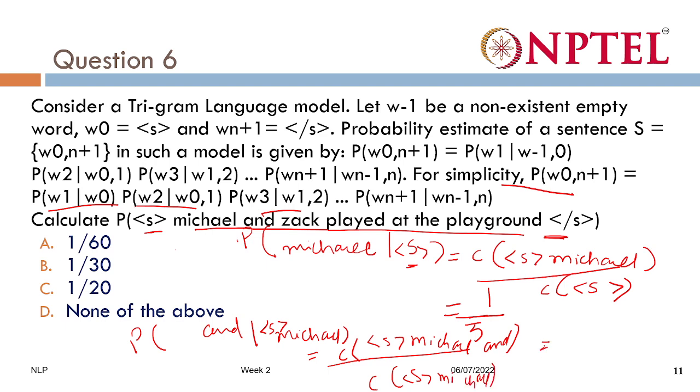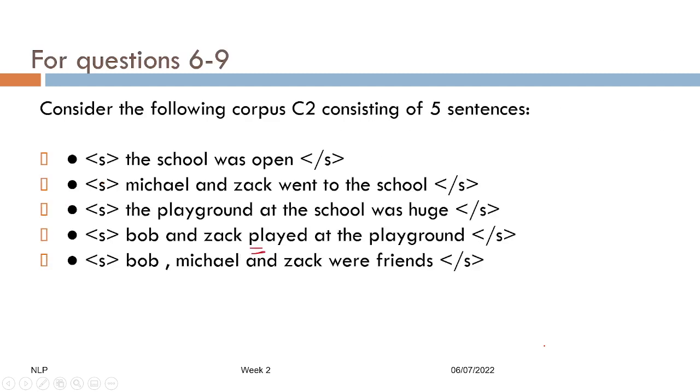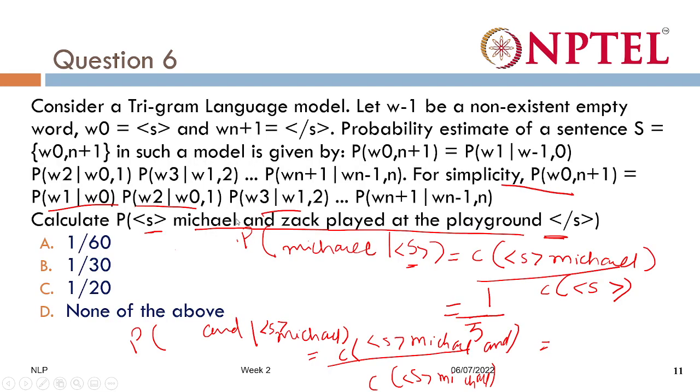Let us go to the corpus and see. Start token, Michael, and is occurring only once. And in the denominator, start and Michael, that count is also 1. So what we will write here? 1 over 1, that is equal to 1. Okay. Is it clear? Is everyone understanding how we are to compute?